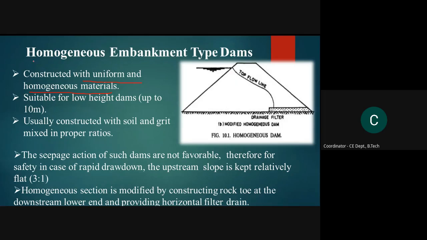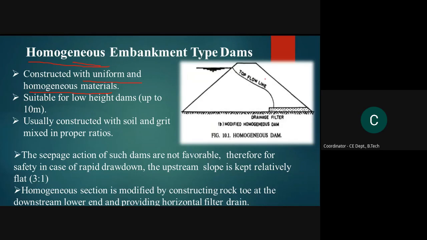As the name defines itself, it is suitable for low height dams, up to 10 meters, which means almost a G+2 building, a third floor building. So this is actually a low height dam.